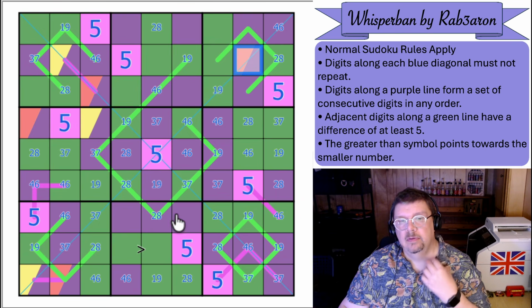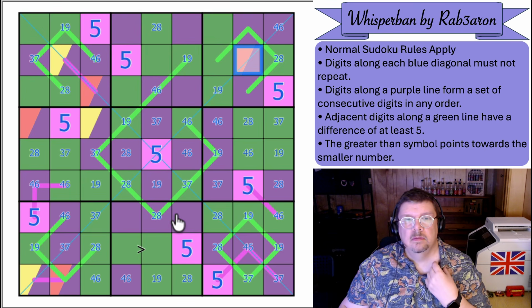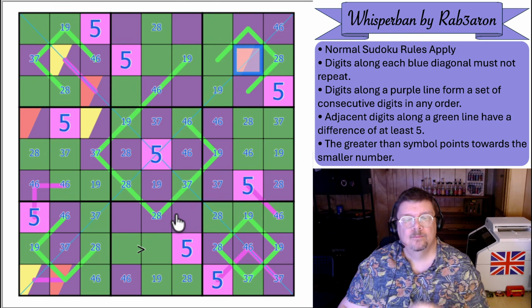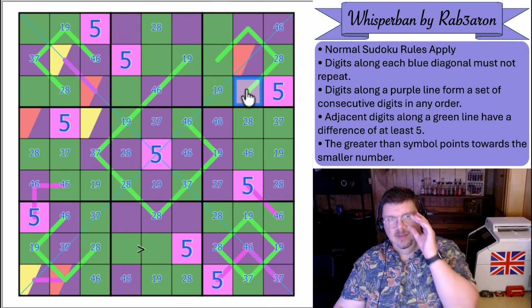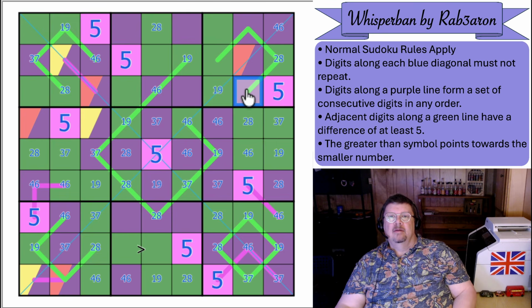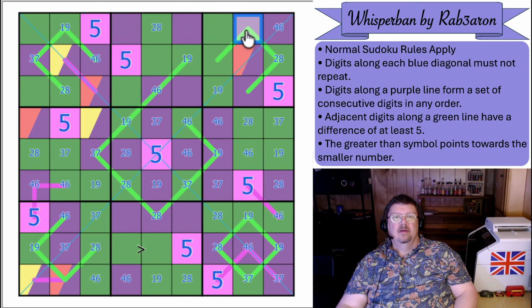But that doesn't help, I don't think. And if that's the yellow, then that makes this 3, 7, which seems like it could be.